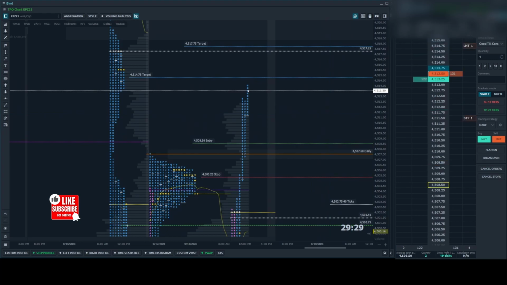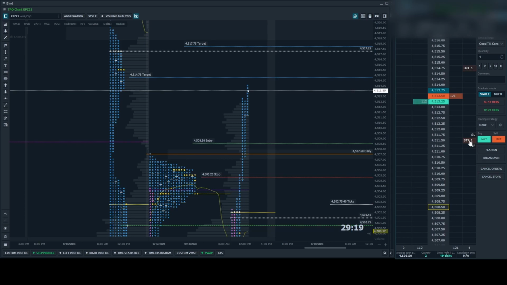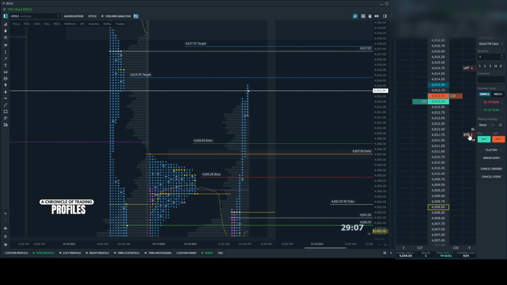It's going to be real close to our first target, 1475. We get up there again, I'll tuck this stop underneath it.